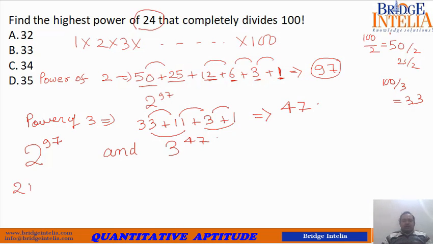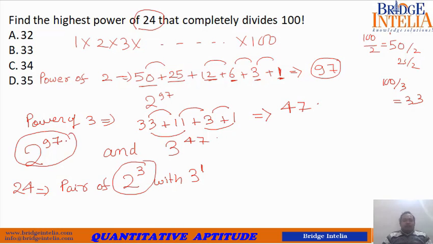Whereas you have to create 24. 24 means pairing of 2 cube with 3 to the power 1. So how many 2 cubes are available from this? 97 by 3, only 32 units are available. Whereas 47 units of 3 are available.